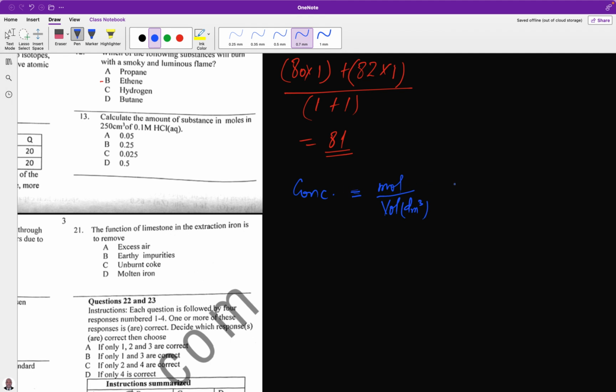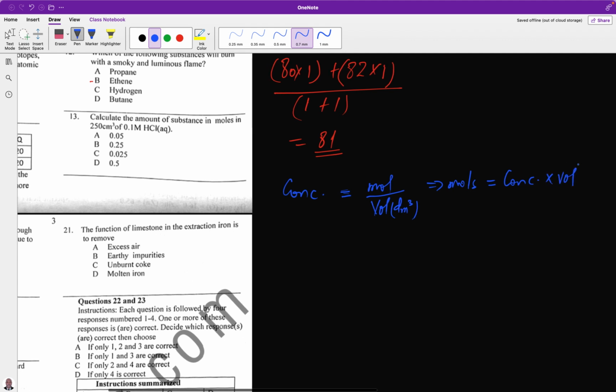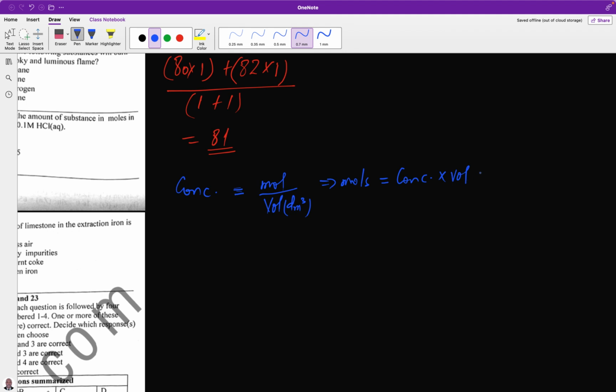So now, rearranging the equation, the number of moles will be concentration times the volume in dm³.